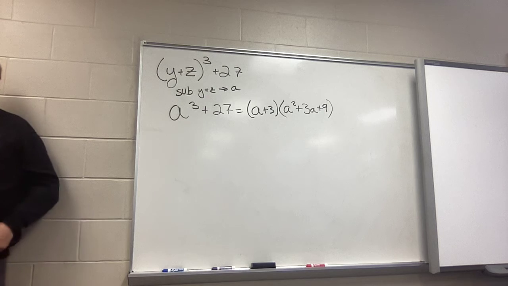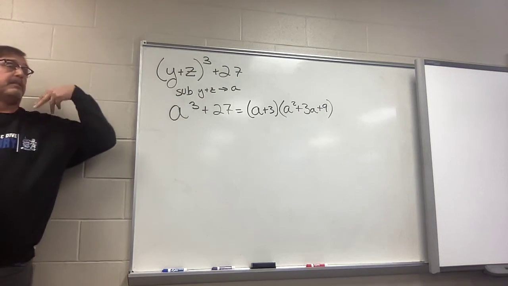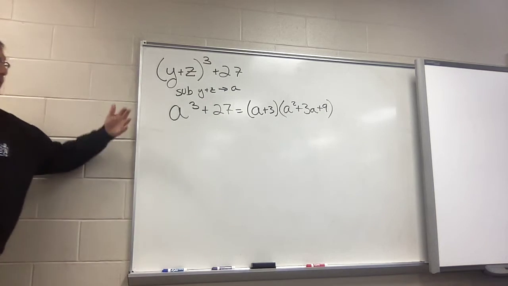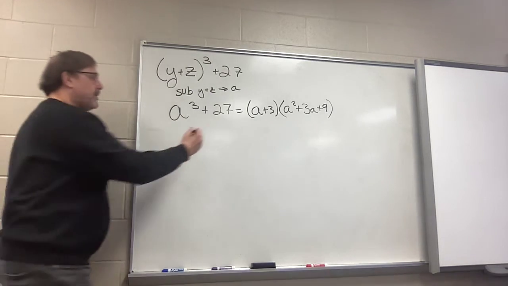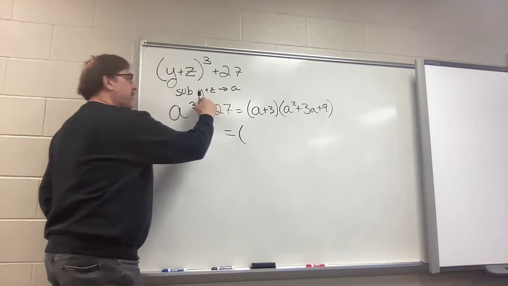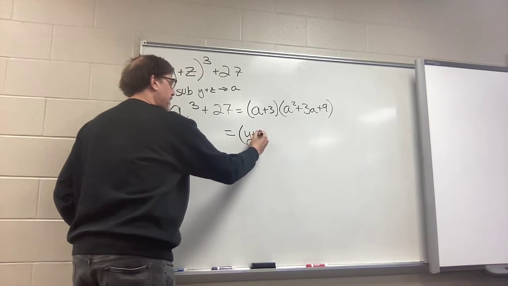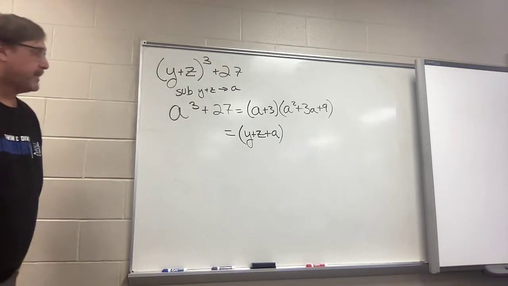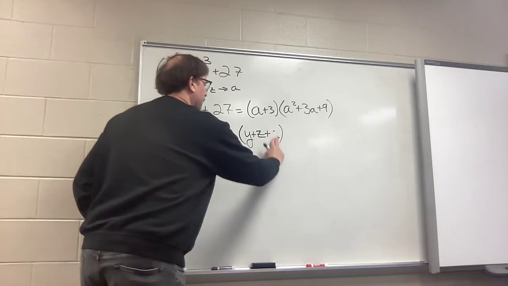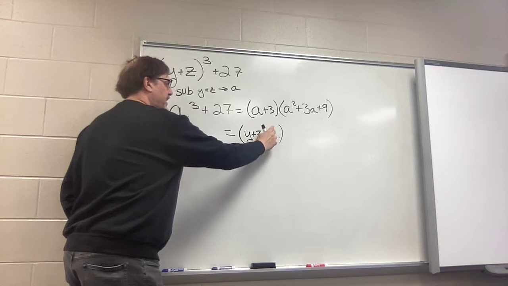The problem was y plus z. So now we're going to put back in to the real problem. Where I see an a, I am now putting back in y plus z, and the 3 is there.